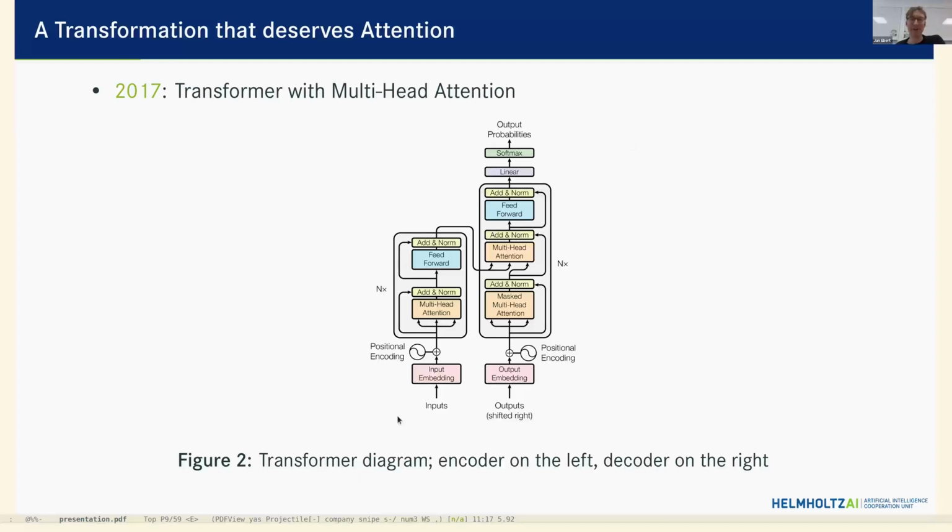I have a diagram here, which probably doesn't mean a lot to you, but I find it pretty nice how in this small diagram, we describe how the revolution in artificial intelligence has happened. This is the architecture of the transformer network, which is also used in, for example, ChatGPT.